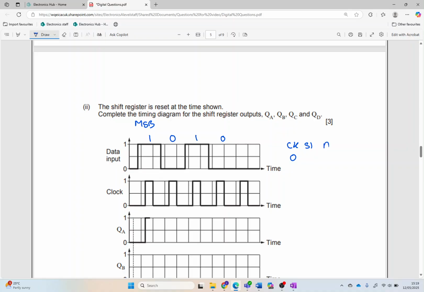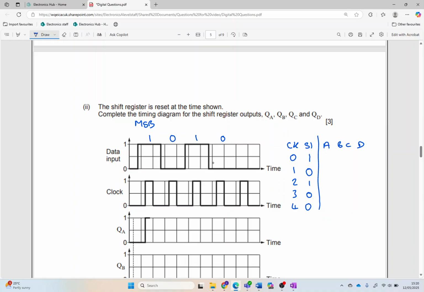Okay, so we've got A, B, C, and D, like so, and we've got 1, 2, 3, 4 clock pulses to see that data in. So first of all, our data is 1, then the next clock pulse will send a 0 through, then we'll send a 1, then we'll send a 0, and we're going to then finally feed a 0 back through at the end.